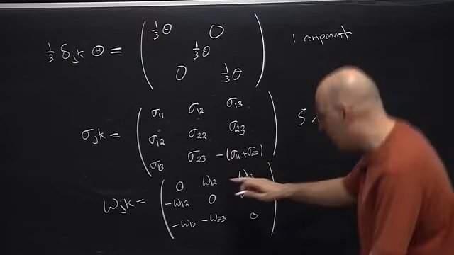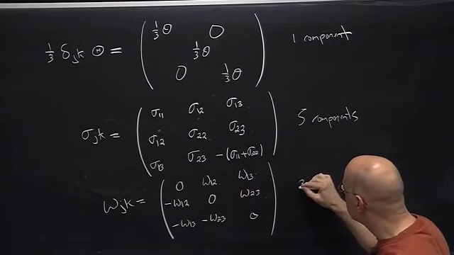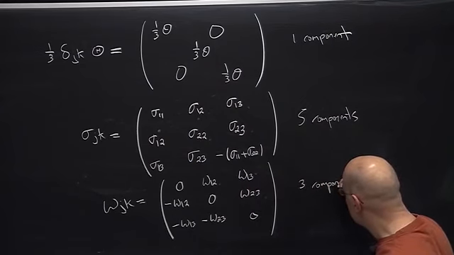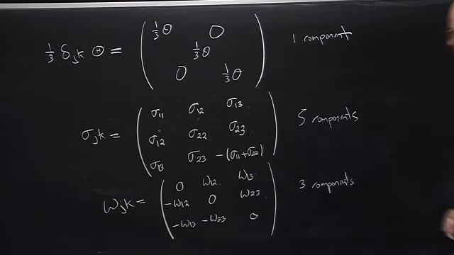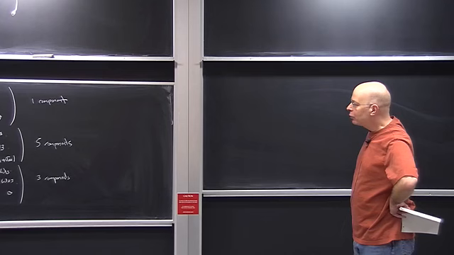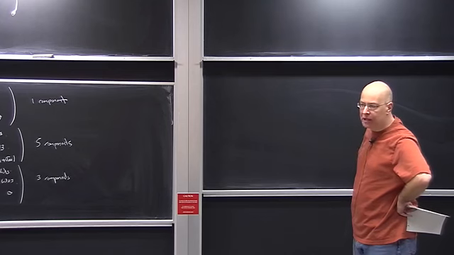And here we have 1, 2, 3 components, because it's an antisymmetric matrix. And if we add this up, we get 9. And that, obviously, is the total number of components we had in the original B, 3 by 3, equals 9. So that's just a way of breaking down a matrix into its smallest possible pieces.